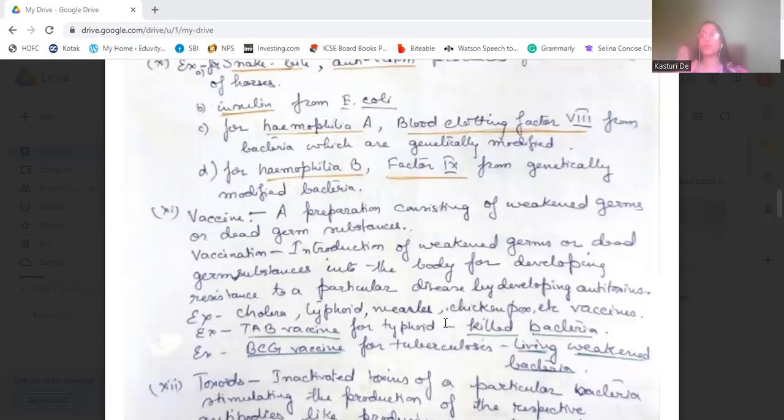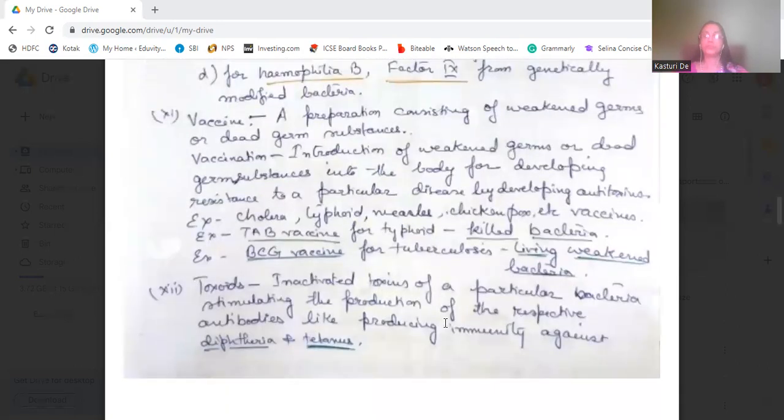Next, we come to toxoids. Inactivated toxins of a particular bacteria, which stimulate the production of respective antibodies, are known as toxoids.